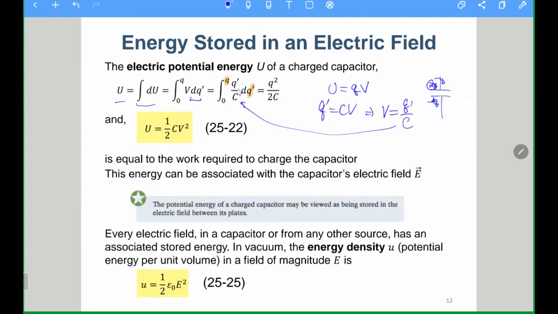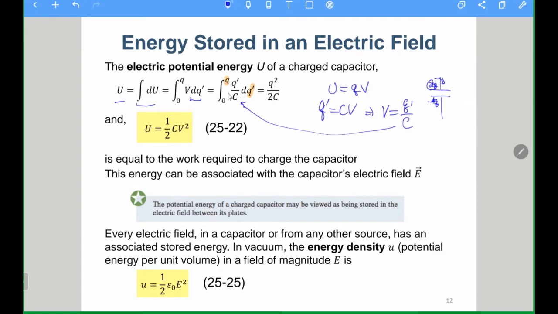So this is a first order polynomial, and when we integrate it, it becomes a second order, q prime squared over 2, and then we evaluate from 0 to q, so it becomes q squared minus 0 squared, which is q squared over 2C.